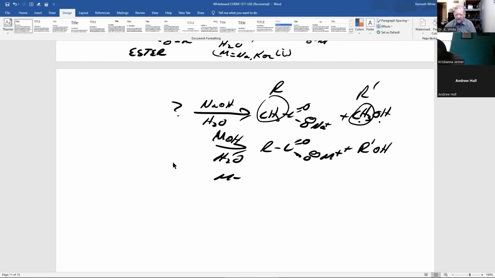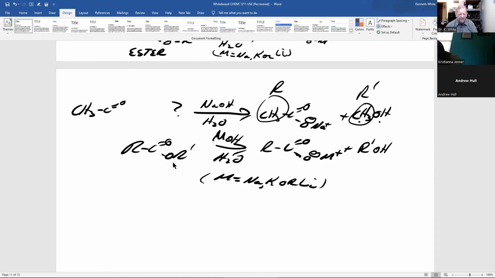Remember, M can be, in this case, it is sodium, potassium, or lithium. In real life, it can be other things too, but I'm going to stick to that. And what do we start with? An ester. And what's our methyl? Carbonyl, oxygen. What's our prime? Methyl. If you take this ester, you'll make this carboxylate anion and that alcohol.